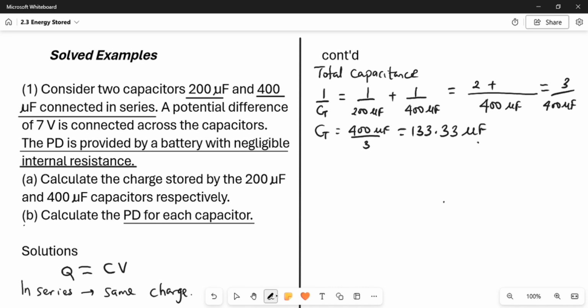Of course, since they have the same charge flowing through them, then we use the equivalent capacitance to calculate their charge.